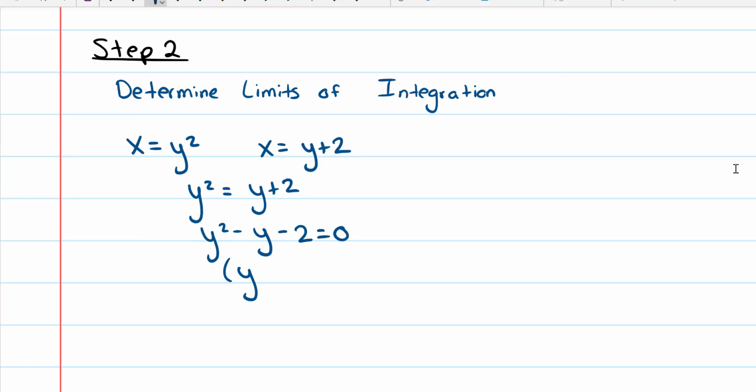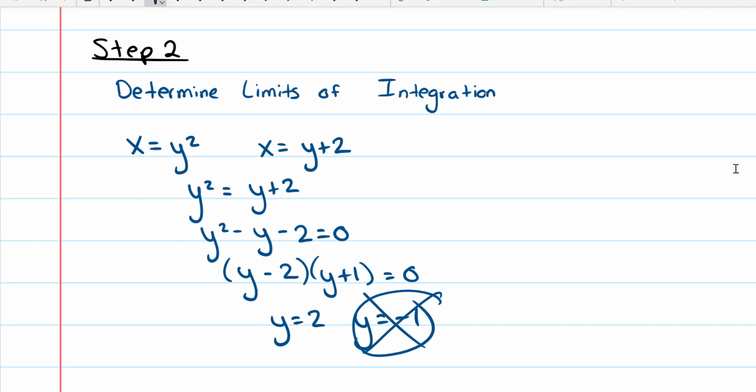And we get (y minus 2)(y plus 1). So you get y equals 2 and y equals negative 1. Well, y equals negative 1 does not work because it's not in the first quadrant, which is where our example is. So y equals 2 is going to be our upper limit, and we know our lower limit is y equals 0.